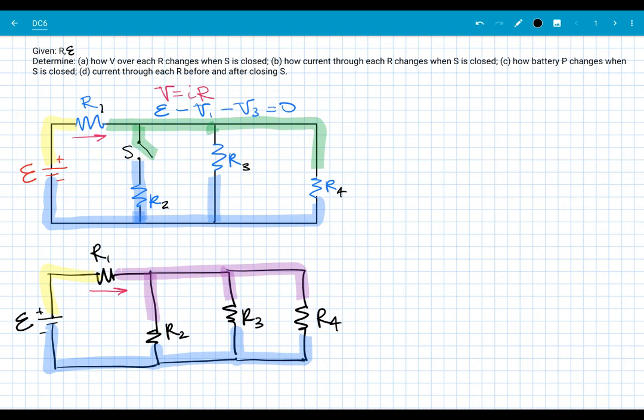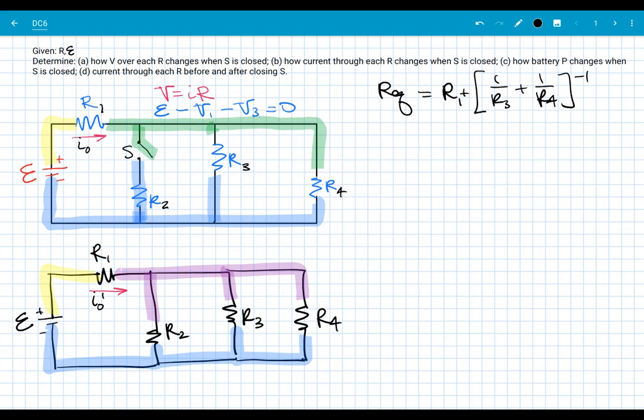So in other words, if the battery current for the top picture is I naught, I'm going to call the battery current for the bottom picture I naught prime. So the equivalent resistance for the non-primed case here is just going to be R1 plus, and then I have 3 and 4 in parallel, all to the -1.